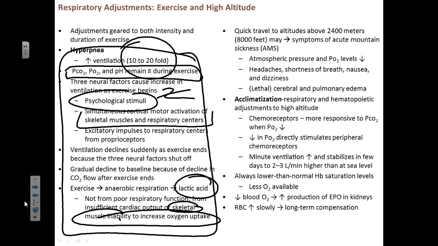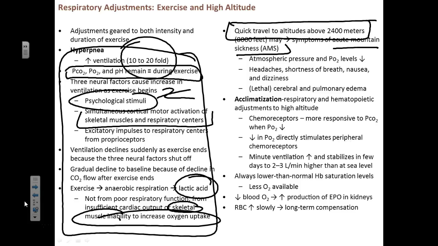So that's adaptation to exercise. Altitude. If you go above 8,000 feet, it may, not necessarily will, but may cause acute mountain sickness. Almost guaranteed if you fly from here to the top of Mount Everest, you will probably die right away. Not only because you will freeze to death, but also because you will suffocate.